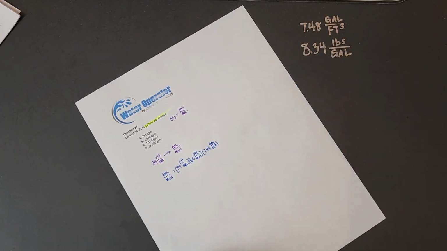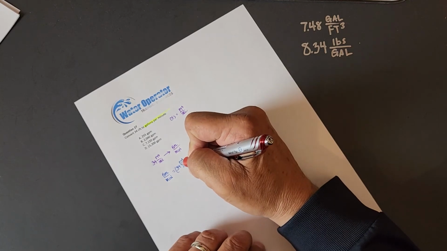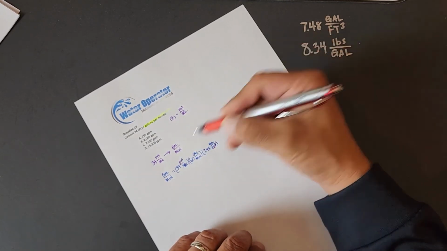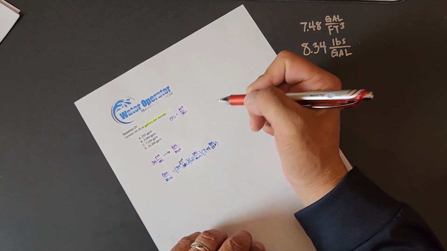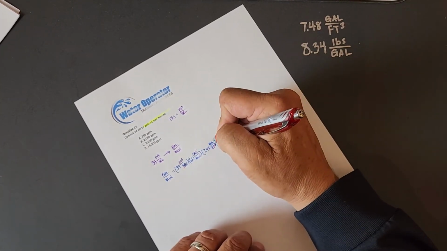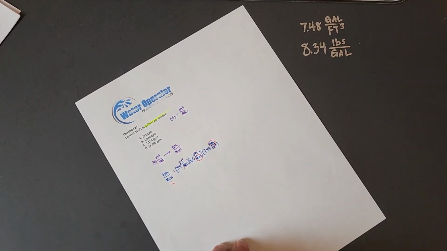So I can cross cancel the cubic feet out. I can cross cancel out the seconds, and I'm left with gallons per minute, which is the unit of measure I'm looking for.